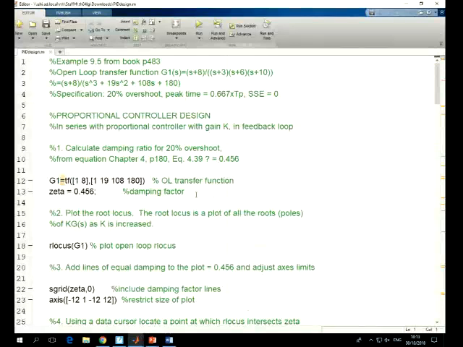So the first thing we need to do is work out the zeta value. You can use MATLAB to do that. I obviously just did that with a calculator. It comes from an equation in the book, which I'll write on the board for you just now.